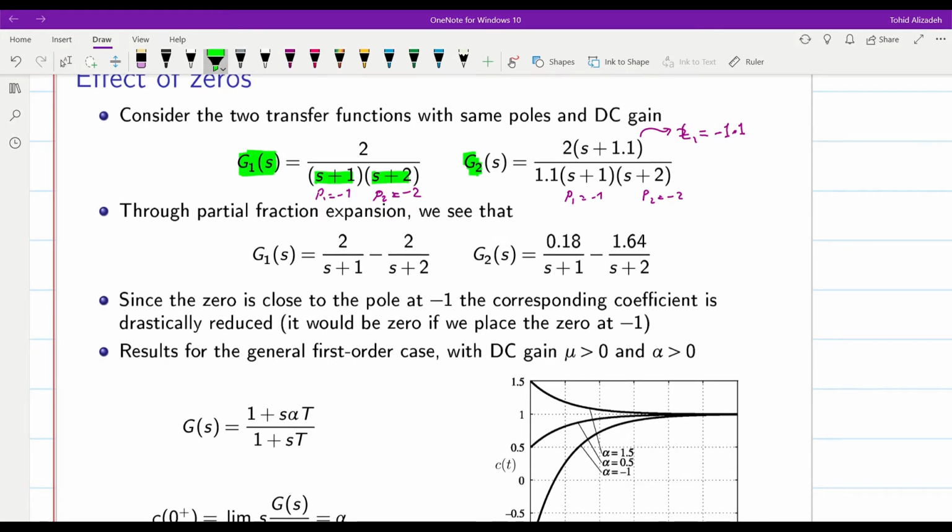So g1 will be equal to 2 over s plus 1 minus 2 over s plus 2. And then for g2 we will have 0.18 over s plus 1 minus 1.64 over s plus 2.